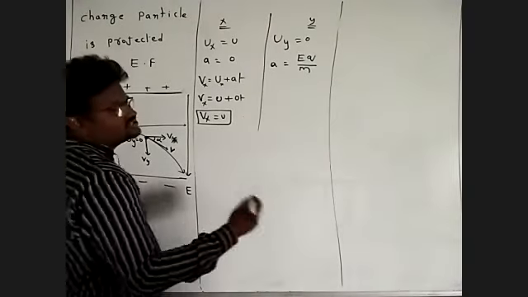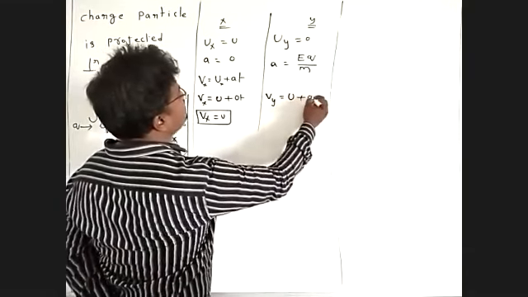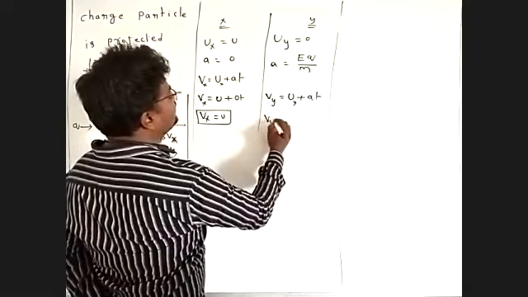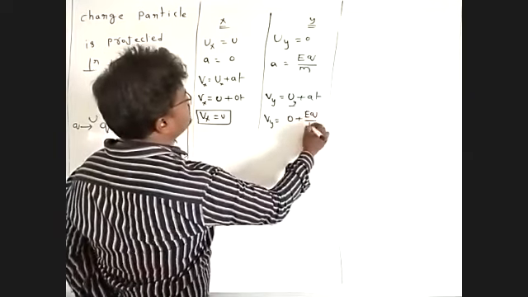Now after time t, what is the velocity of the charged particle? Vy is equal to uy, which is 0, plus a t, so Vy is equal to qE by m into t.